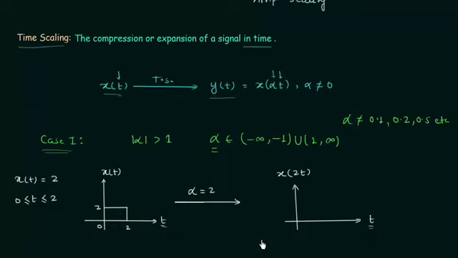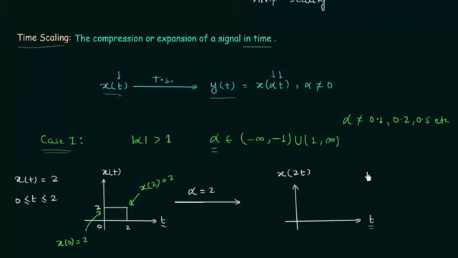Now using this, we will find out x(2t). In this waveform, you can see when time t is equal to 2, this is the value of the signal. So x(2) is equal to 2, and when time t is equal to 0, this is the value of the signal. So x(0) is also equal to 2.